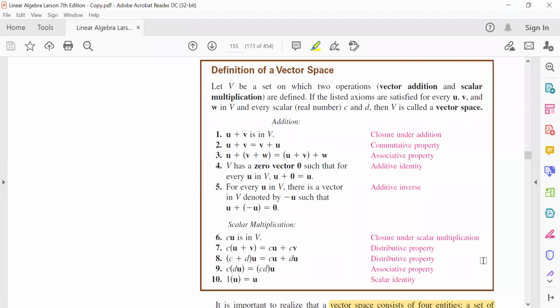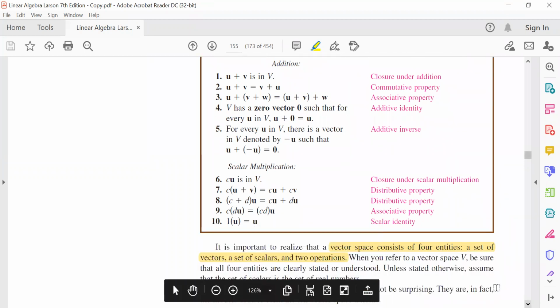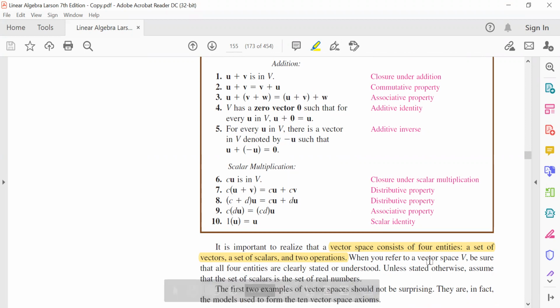That's the difference, and that's why the word axiom. From this definition, a vector space consists of 4 entities. It has to have a set of things which we're calling vectors, a set of scalars, and 2 operations: vector addition and scalar multiplication.